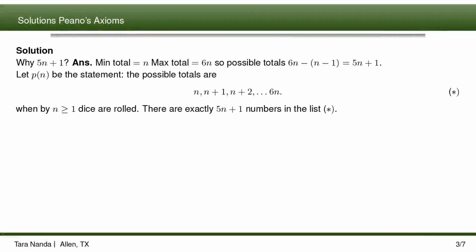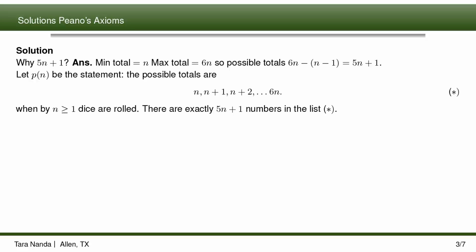Let Pn be the statement: the possible totals are n, n plus 1, n plus 2, all the way up to 6n when n dice are rolled, n greater than or equal to 1.